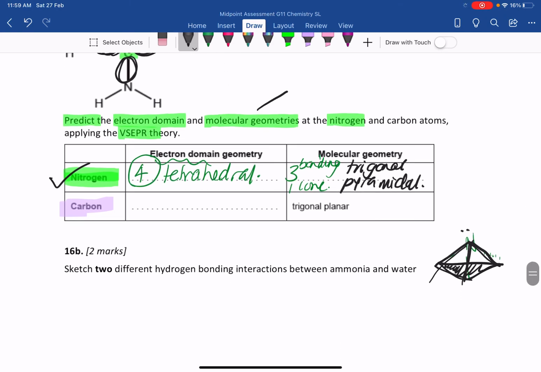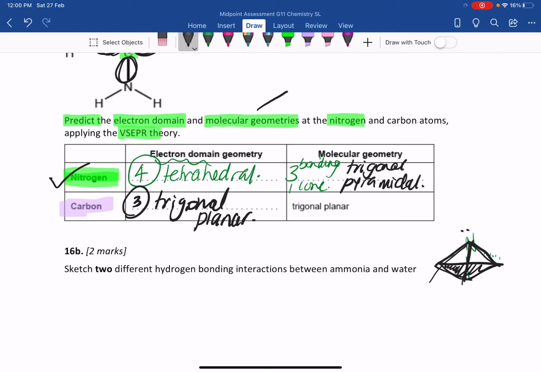Now, anything with 3 bonding regions has an electron domain geometry of trigonal planar. And we've just looked at 3 bonding regions with the nitrogen, so why is this different?